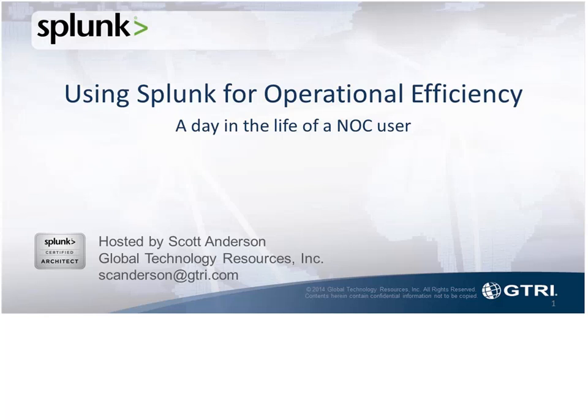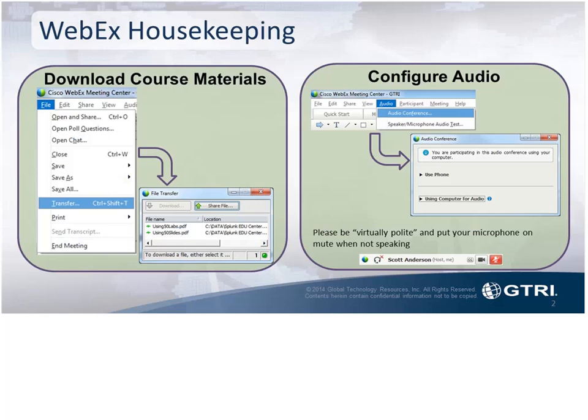You will notice, first of all, that in the upper left-hand corner, where you'll see the menu for the Event Center, you can click on File. And when you click on File, you can click on Transfer. And when you do that, you will get a screen that allows you to download 3 files.